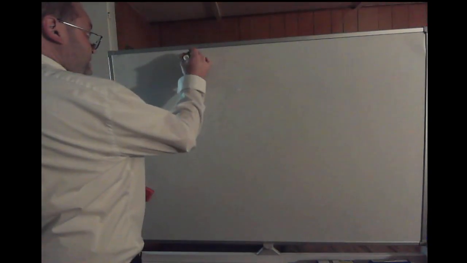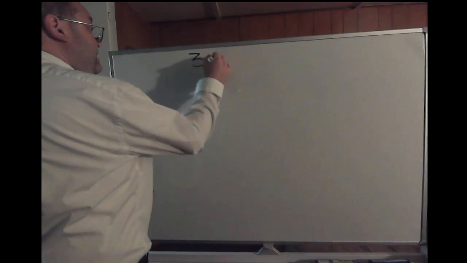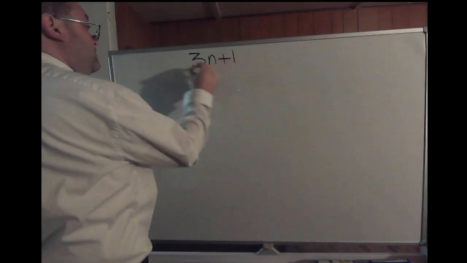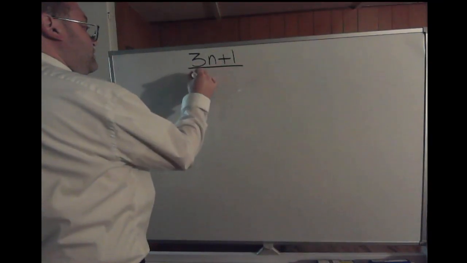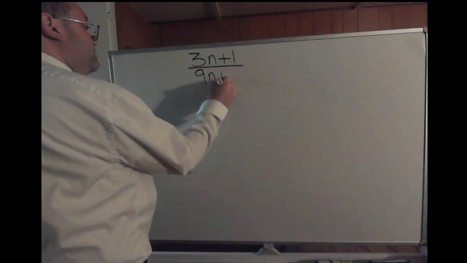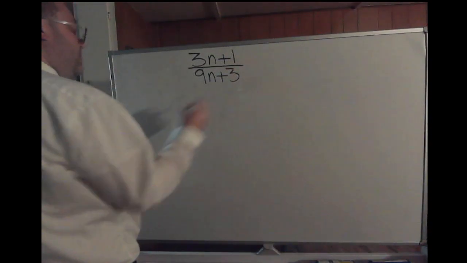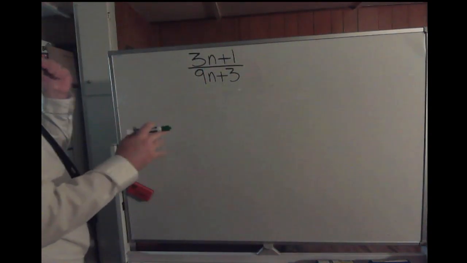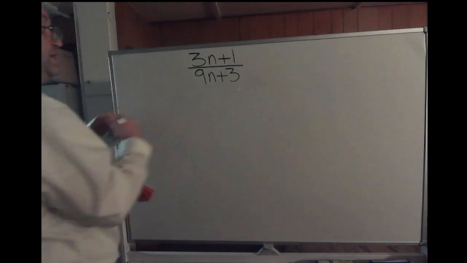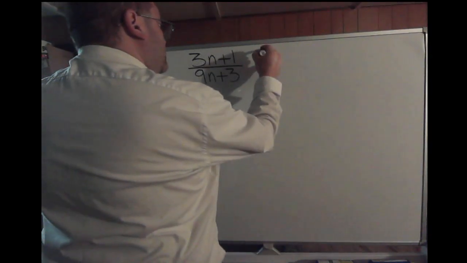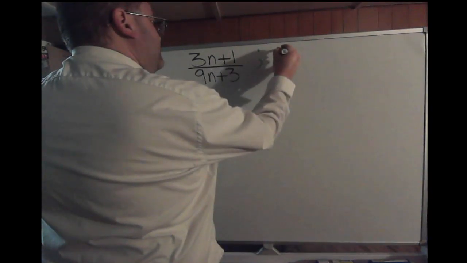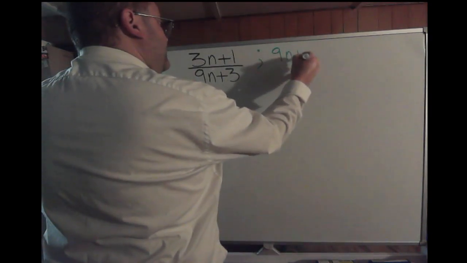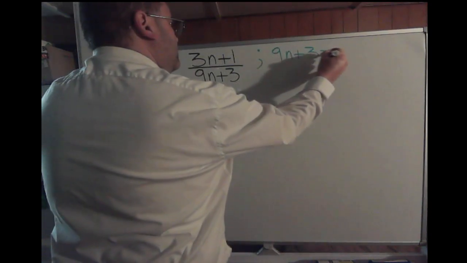Alright, let's see. We have 3n plus 1 all over 9n plus 3. Well, we need to find a restriction here because we have a variable in the denominator. You're going to take that 9n plus 3, set that equal to 0.